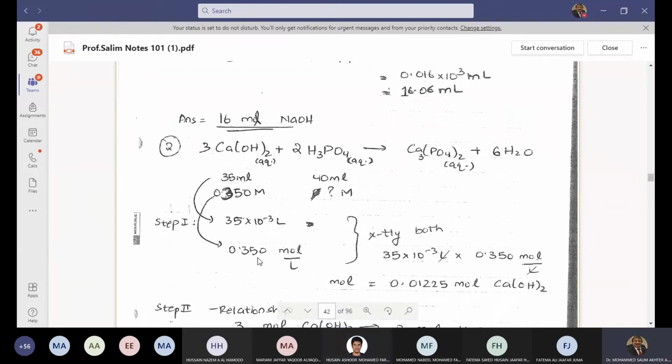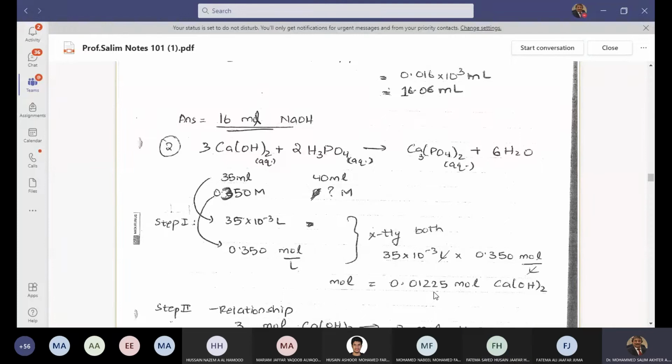Can I write 0.350 as 0.350 moles per liter? Yes. If I multiply them together, is this the correct number? 0.01225 moles calcium hydroxide. Yes, it's correct. MashaAllah.